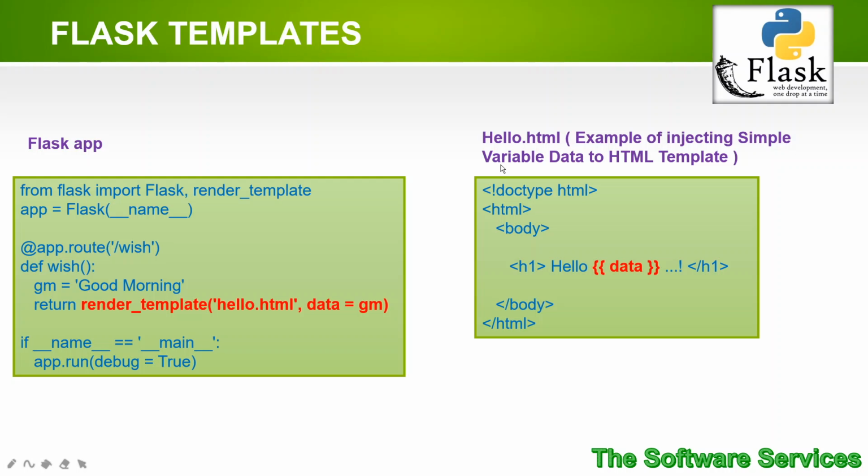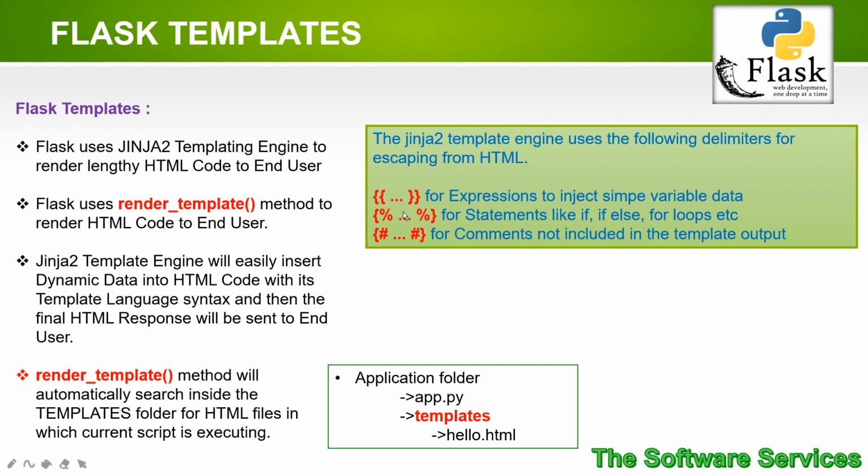So now in this class we just saw injecting simple variable data into the HTML template. In my last classes, on this screen I had talked about the syntaxes of the template engine.